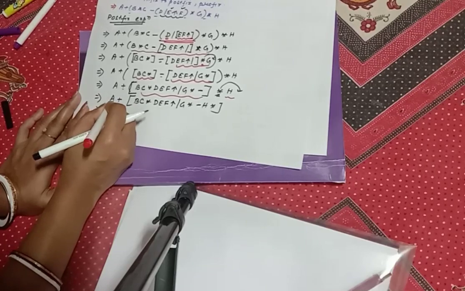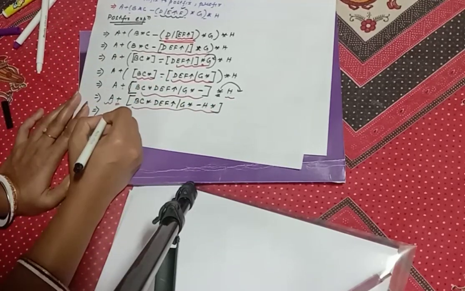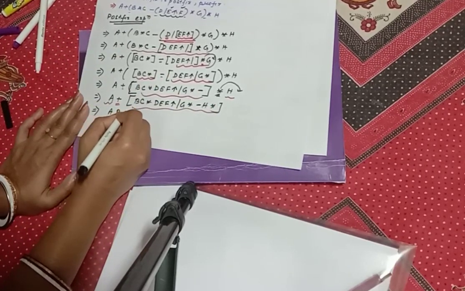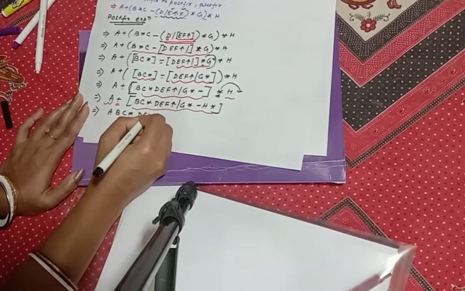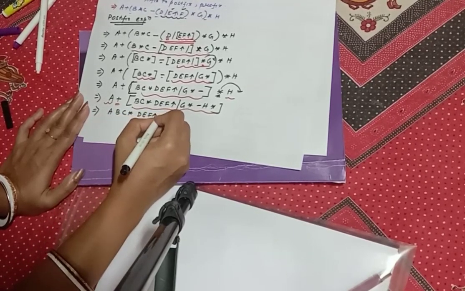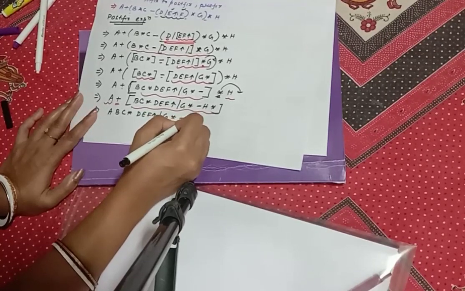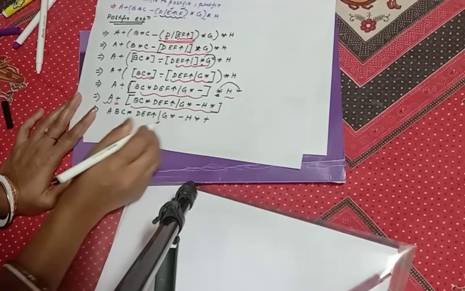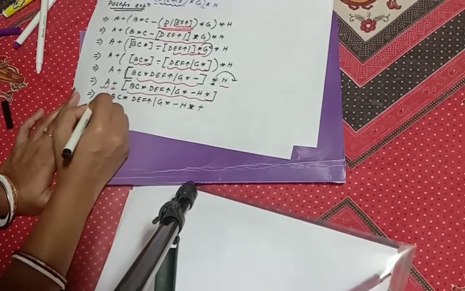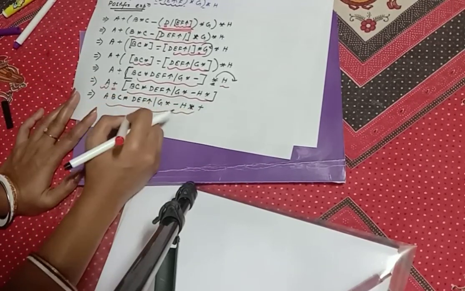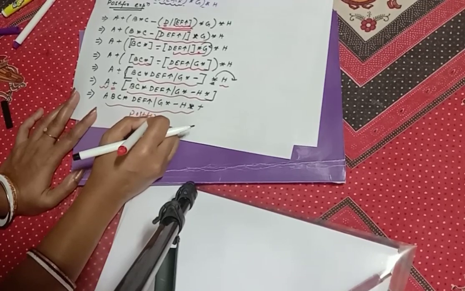This plus is between this and this. So we'll write A BC into DEF exponent division G into minus H into plus. So this is your complete postfix expression.